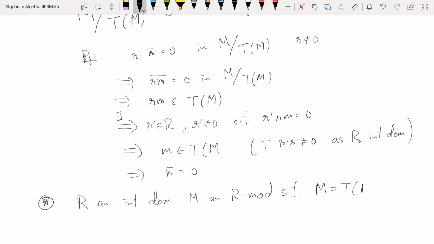That means that M is a torsion module. Then the rank of M is 0. Okay. So if you invert everything, then what you get is the 0 module.